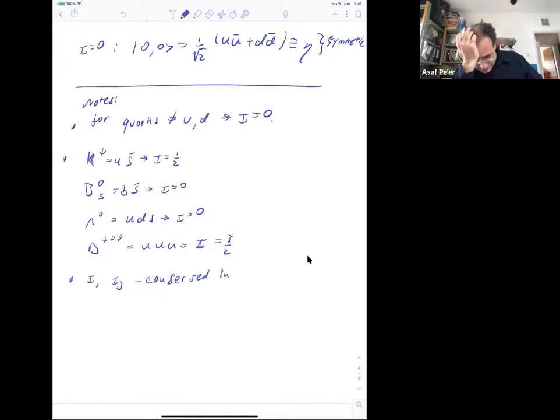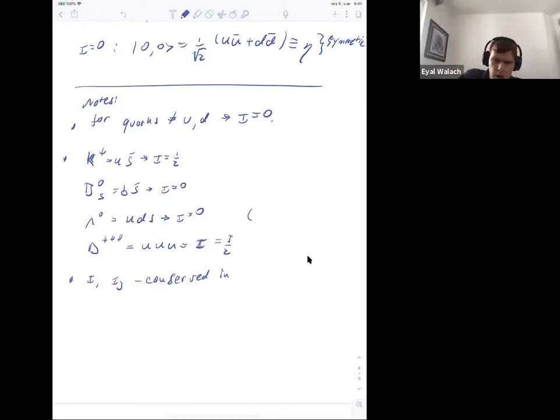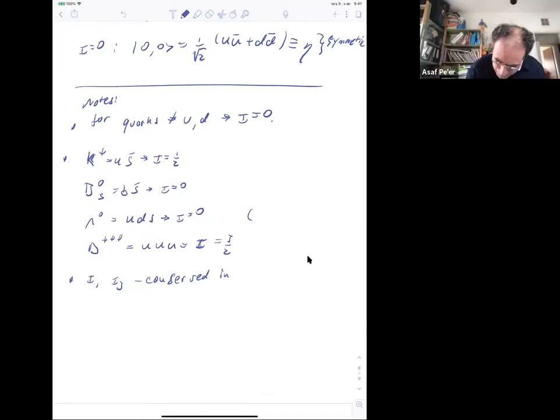If there is an easier way of seeing that, then I don't see it right away at the moment. So perhaps go back to Clebsch-Gordan. Yeah, it goes back to the vectorial addition of I, of the total isospin.